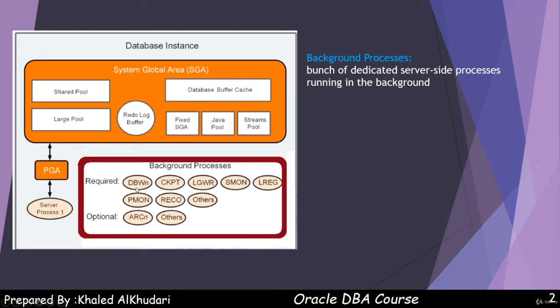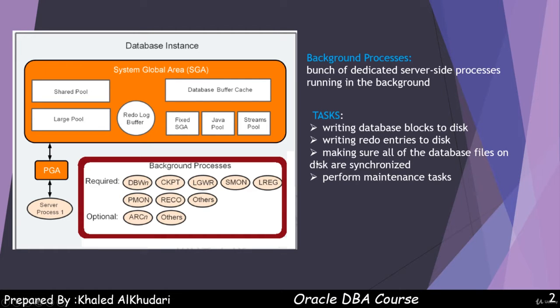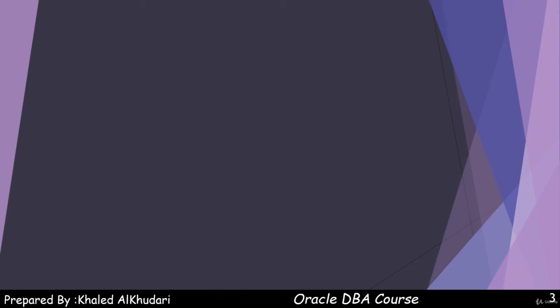Each of these has a specific job, but the main tasks are writing database blocks to disk, writing redo entries to disk, making sure all the database files on disk are synchronized, and also performing maintenance tasks. Let's try to understand these processes one by one.